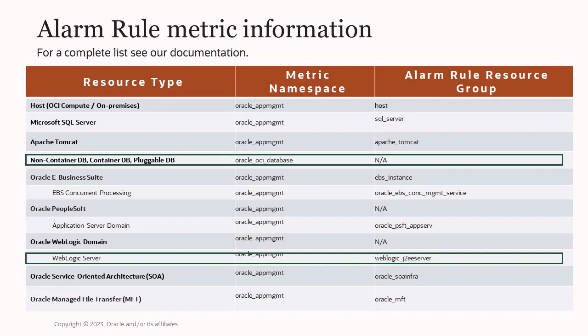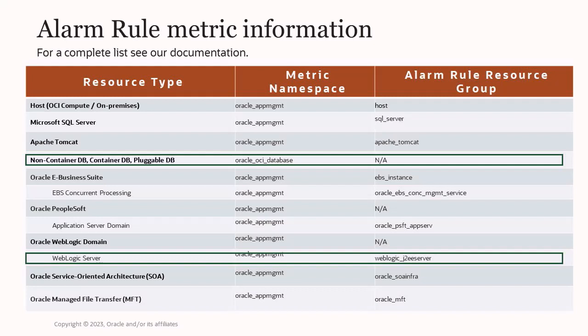So what Stack Monitoring has done is we've used the alarm rule resource group. So within Oracle App Management, then you can use the resource group to help refine your search of metrics to go choose when you're creating an alarm. So if you want to measure file system utilization of a host, you would choose the Oracle App Management, select the resource group of host, and then select file system utilization.